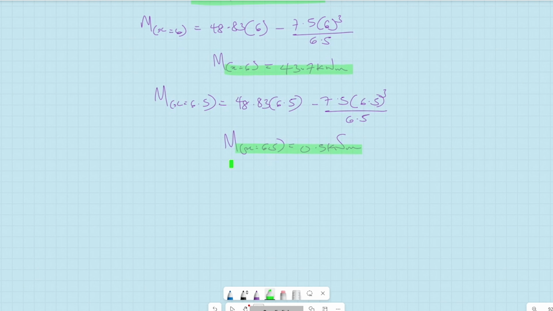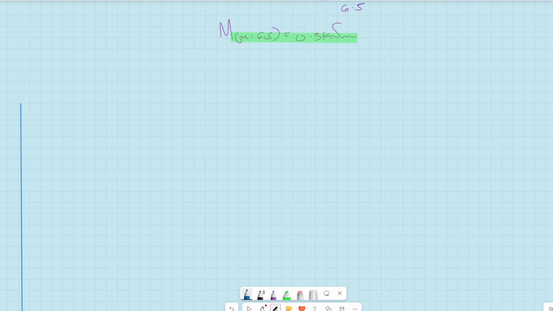So with this now, we can plot our bending moment diagram. So from the bending moment diagram now, you will understand how the beam is behaving.